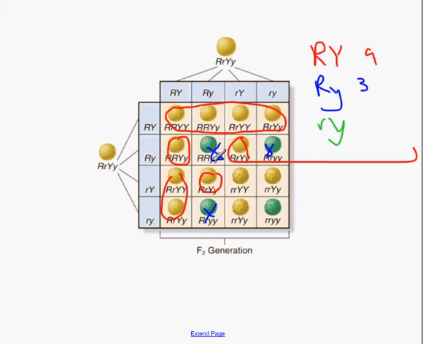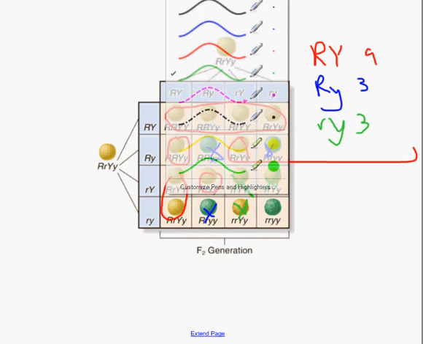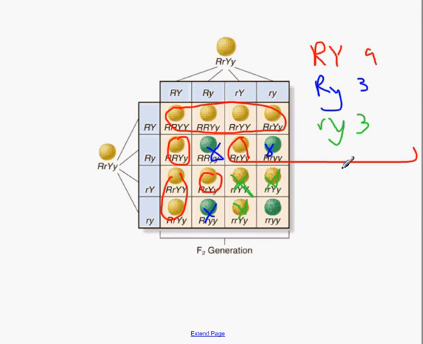There's one, and there's one. Even though the genotypes are different, this is the phenotype. There are 3 of them. And who's the last one there? Well, as you can see, the last one would show up as both recessives, and that would be just this guy here, of which you have 1.